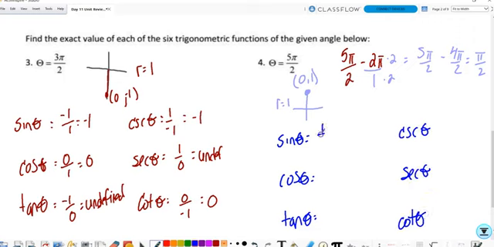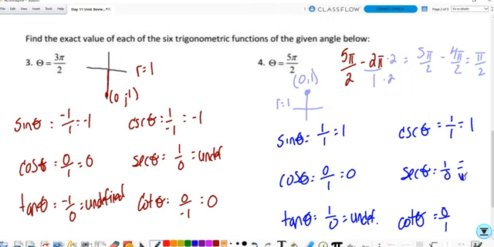All right, sine is y over r, cosine is x over r, tangent is y over x. All right, simplifying. Oh, that's floppy.